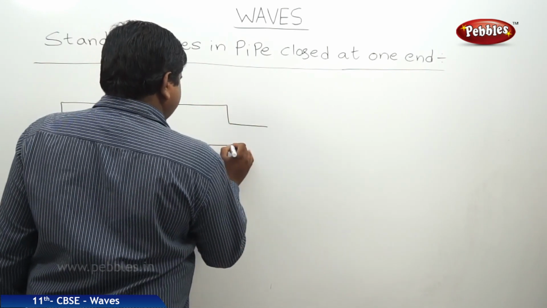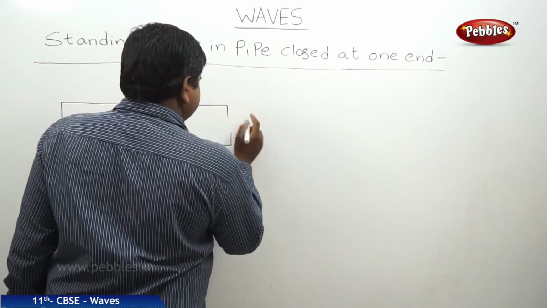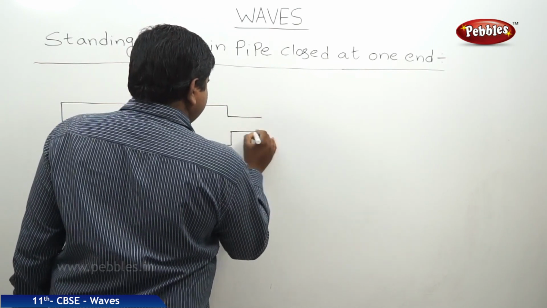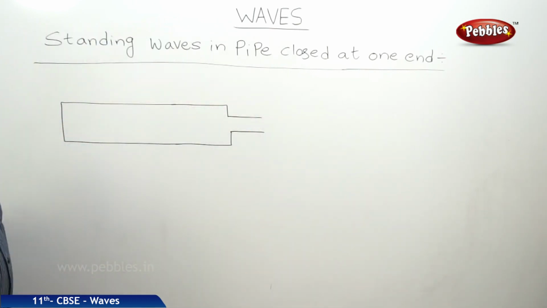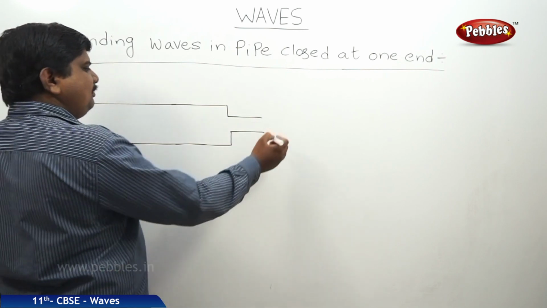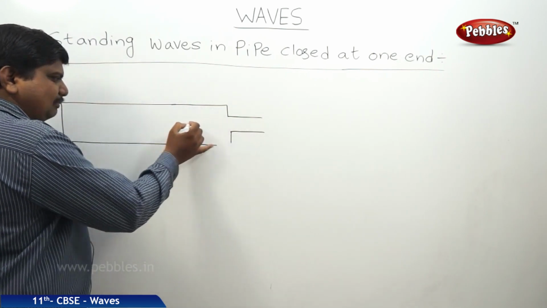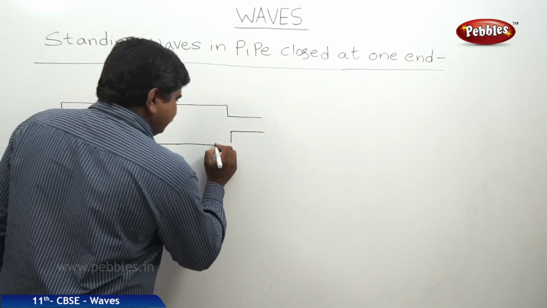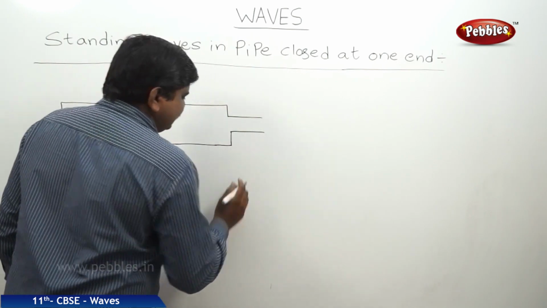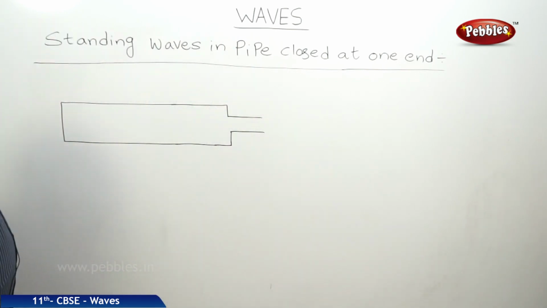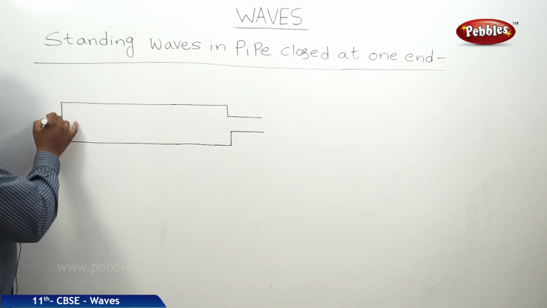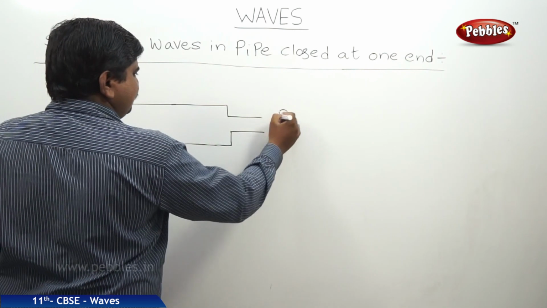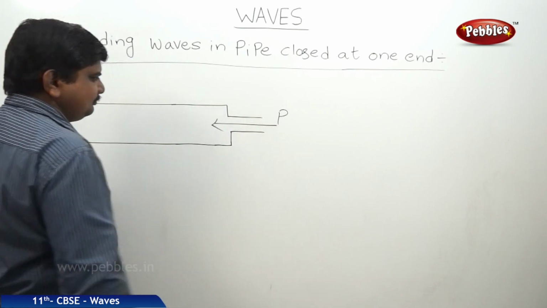So this is one end which is open. This is another end which is closed. Now if a sound wave is blown into this metal pipe or this organ pipe by varying the intensities, then let us say this is the point Q, this is the point P. Through P the sound waves are coming.